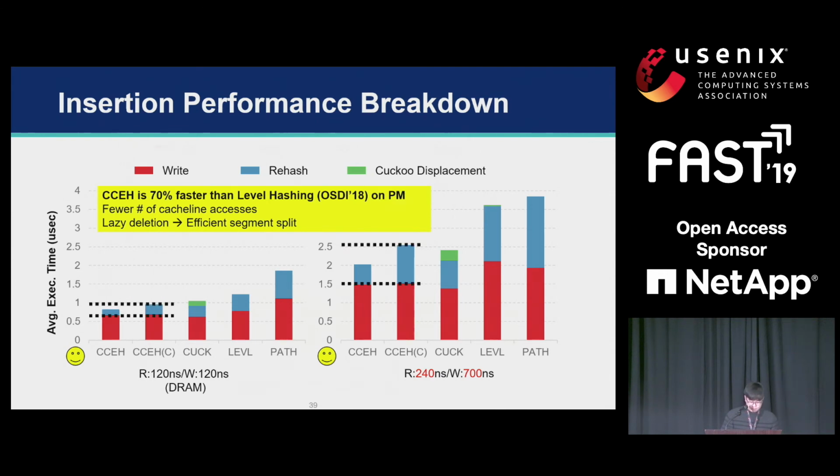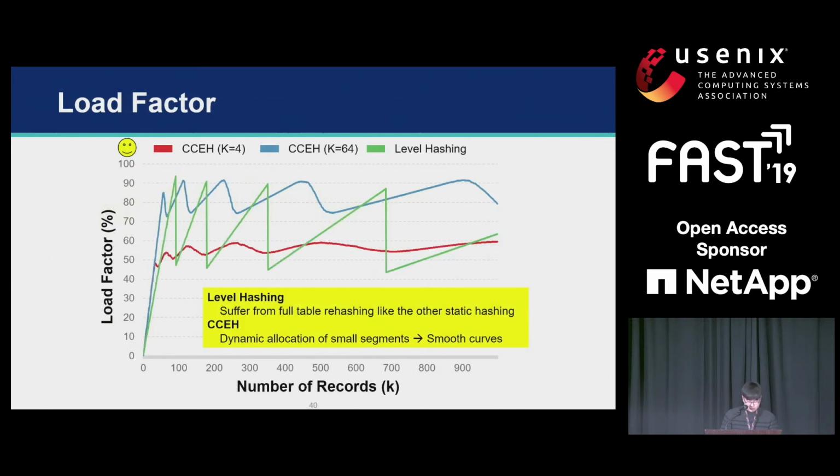In this graph, we changed a lot of parameters, including this parameter k, the number of cache lines we want to linear probe.